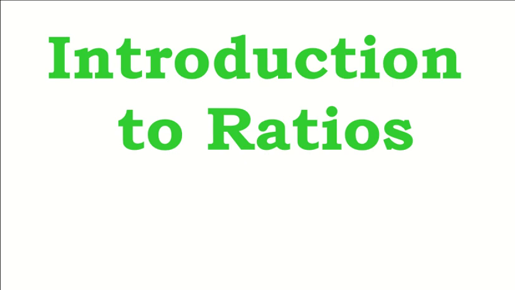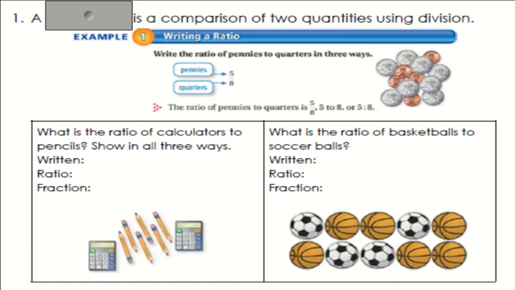To start with, we're starting with ratios. A ratio is a comparison of two quantities using division. So that's all a ratio is doing, it's making a comparison. It says using division. It's not always necessary that it's using division. There are three different ways to write them.